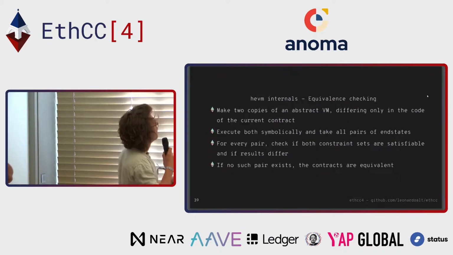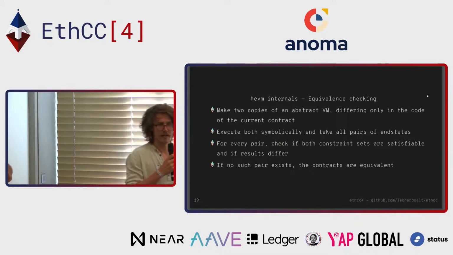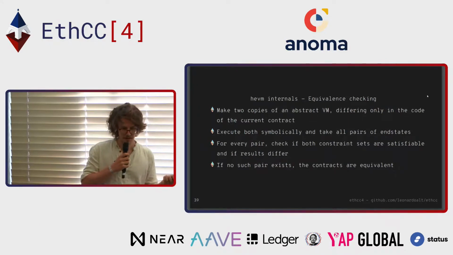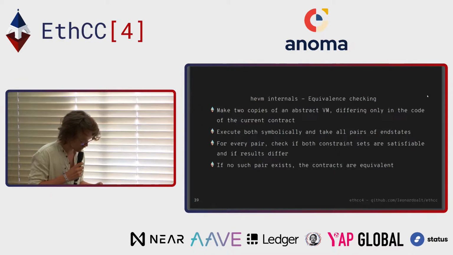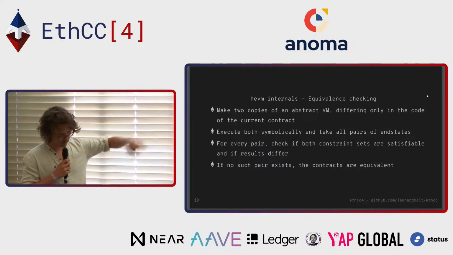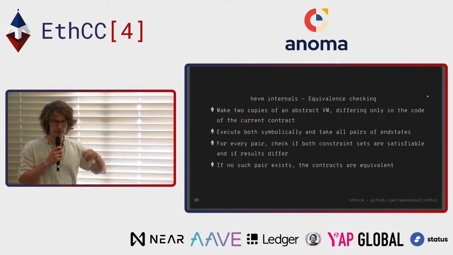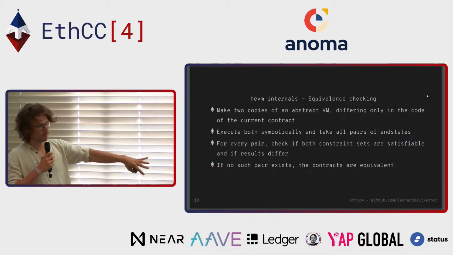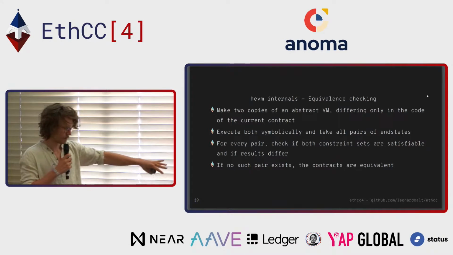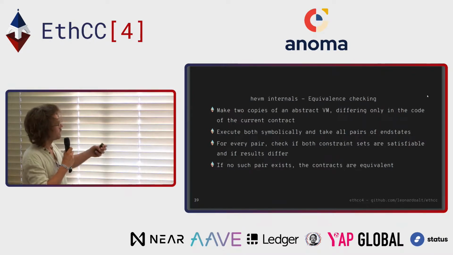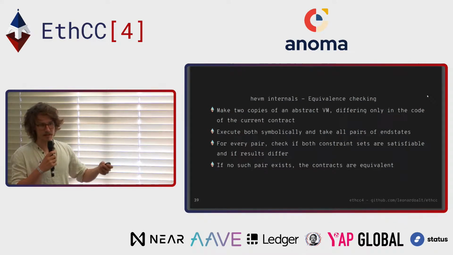Okay, so quickly about the equivalence checking that we can do with HEVM. As I mentioned when I described the general algorithm of the symbolic execution that HEVM performs, it's going down the entire execution tree and looking at all of the leaves, right? So we can do that in 2 VMs at the same time.